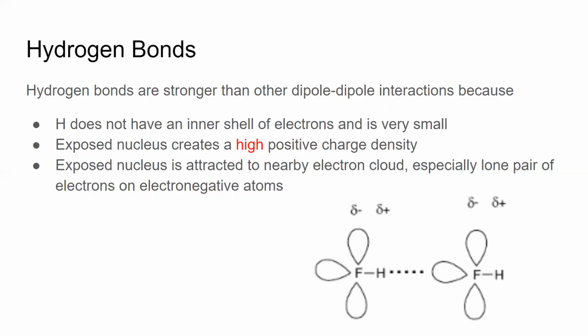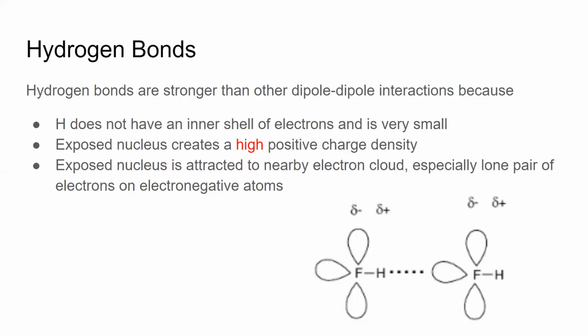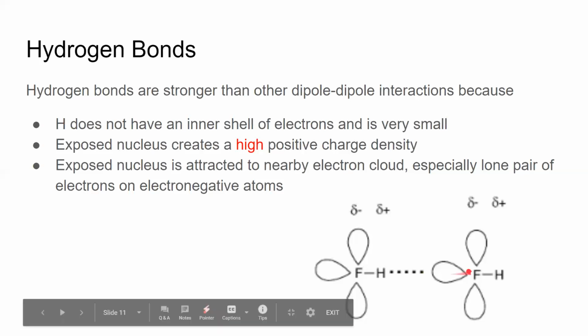So the exposed nucleus is attracted to a nearby electron cloud, especially the lone pair, the unshared pair of electrons, on electronegative atoms. If we're looking here at hydrogen and fluorine, this HF, our exposed hydrogen is going to be attracted to this pair of unshared electrons on fluorine, or it could be attracted to this one or this one.